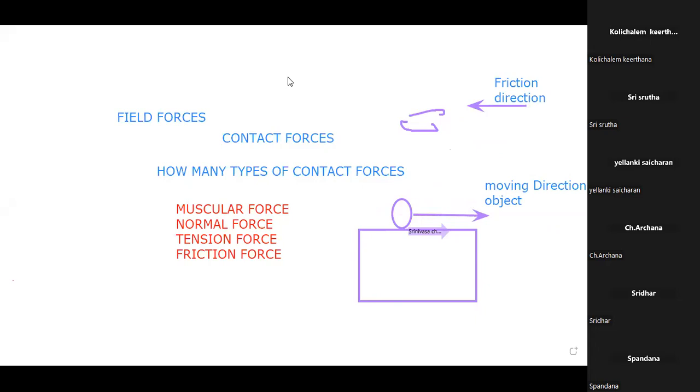Can anybody expect? If I apply some force, I simply touch and apply some force on the body. Observe my hand. Are you able to see my hand? Just push the ball in this direction.